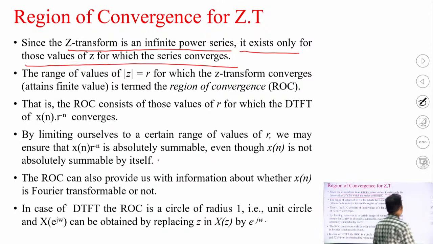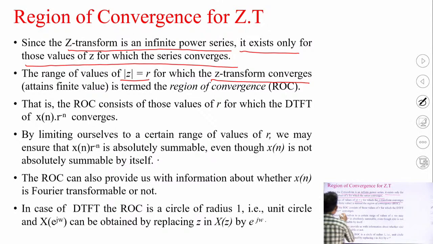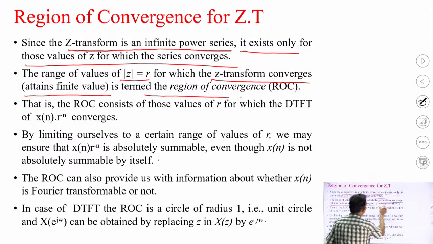So not for all values of z, but we have to find those values for which this infinite series converges. The range of values of |z| = r for which the z transform converges, meaning it attains a finite value, is termed the region of convergence.